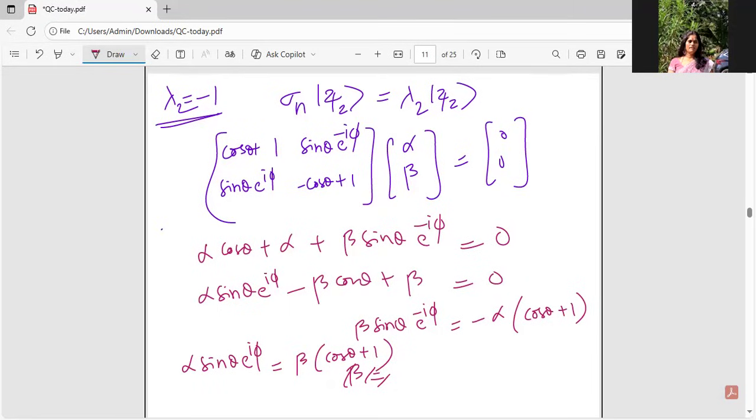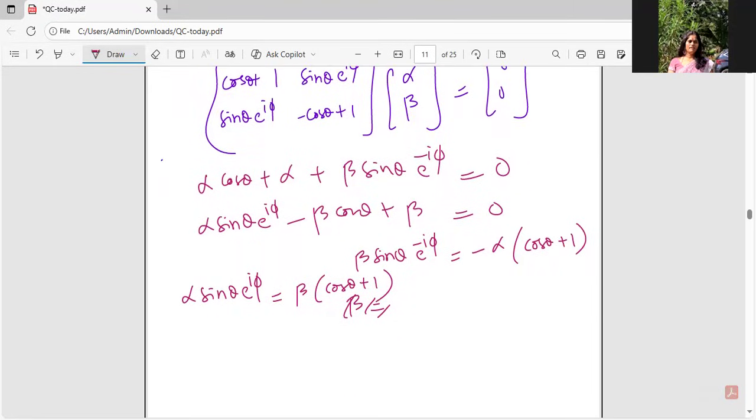Yeah, of course, again, I can write that expansion, guys. Alpha sine theta can be written as 2 sine theta by 2 cos theta by 2 e power i phi. This is equal to beta times 2 cos squared theta by 2. So cos squared goes off, 2 also goes off.